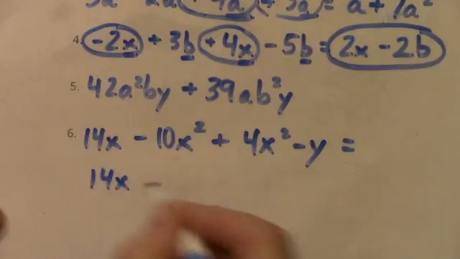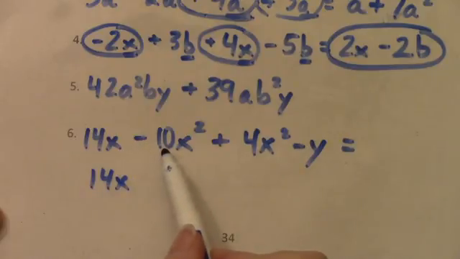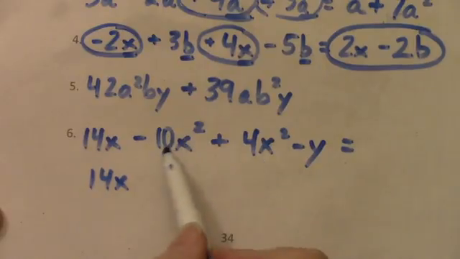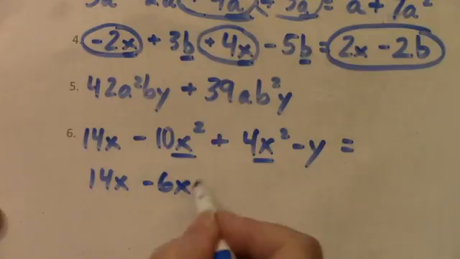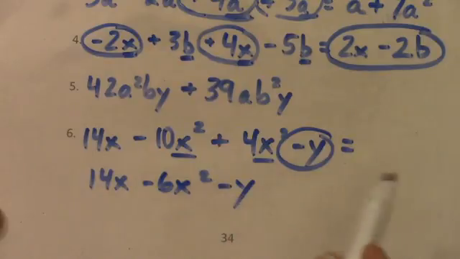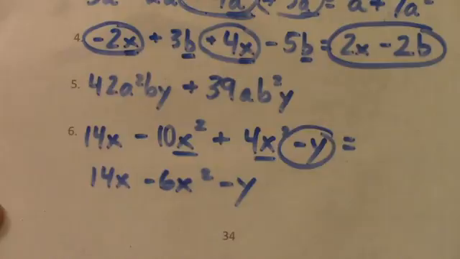So that's just 14x, but now I've got negative 10x squared plus 4x squared. So these are the same. Negative 10 plus 4 is negative 6x squared. And then I can't do anything with the y, and I know that it's going to be minus y because I have to keep my sign in front of it.